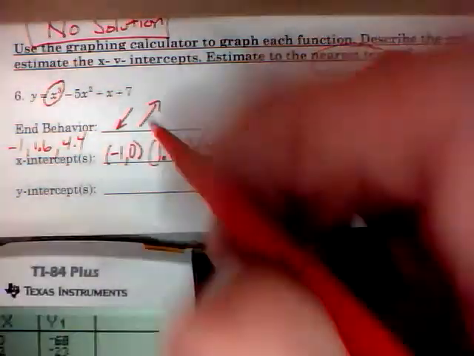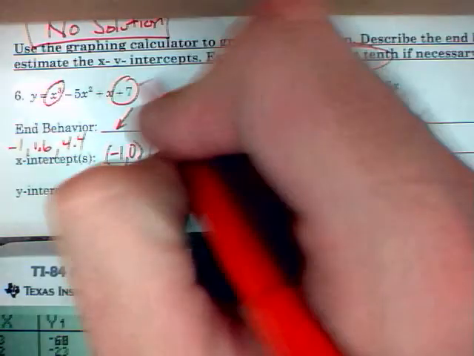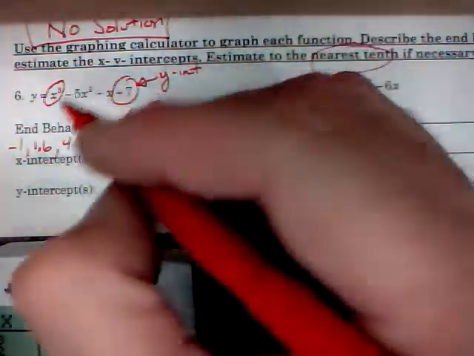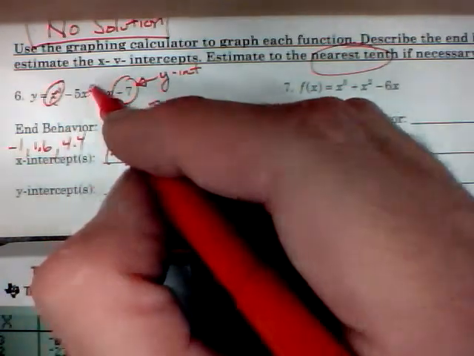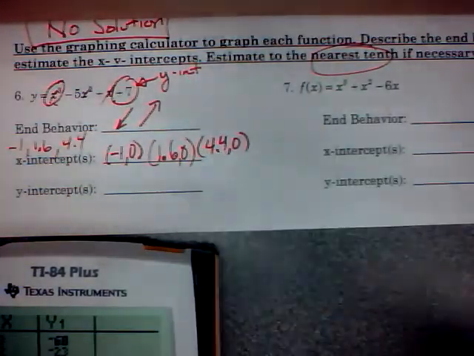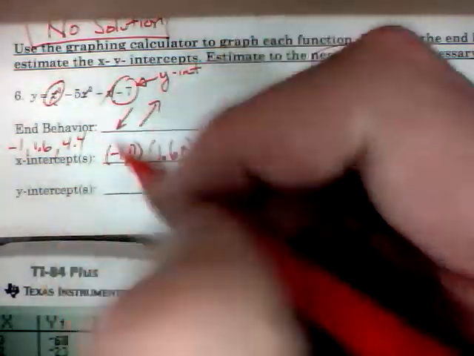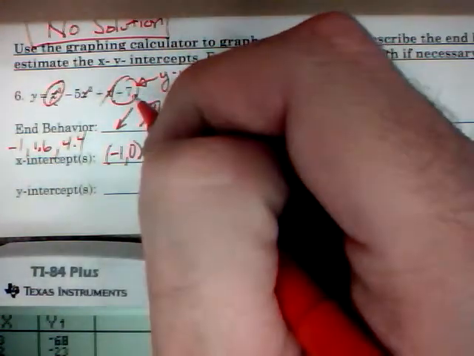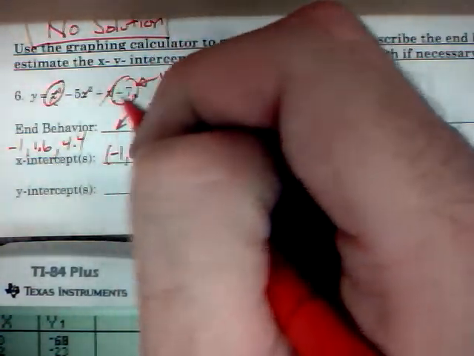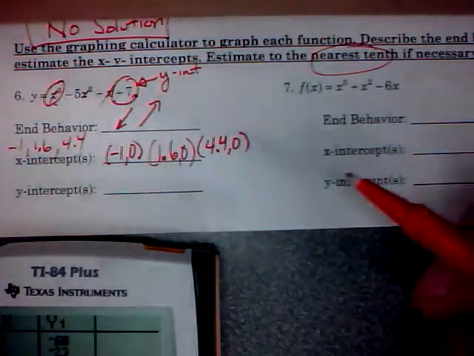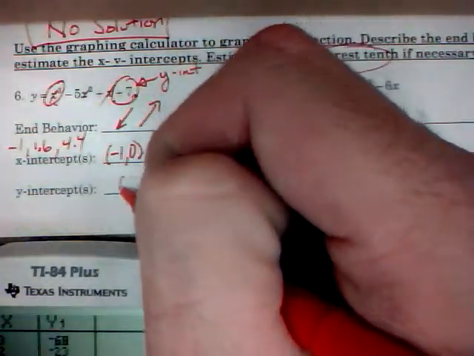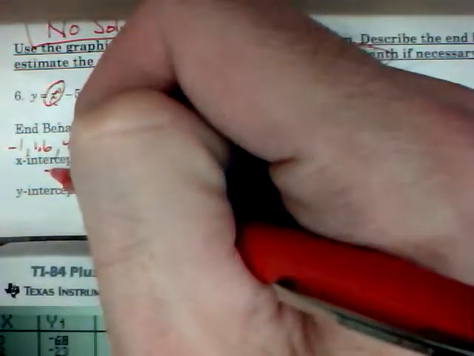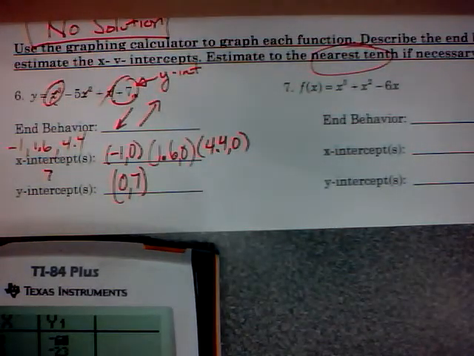Or in your equation, whatever the constant is, is your y-intercept, because if x is 0, this goes away, that goes away, and you're left with y equals 0 plus the constant, which in this case is 7. So it's the point 0, 7, or you could just list it as 7 if you'd like on the test.